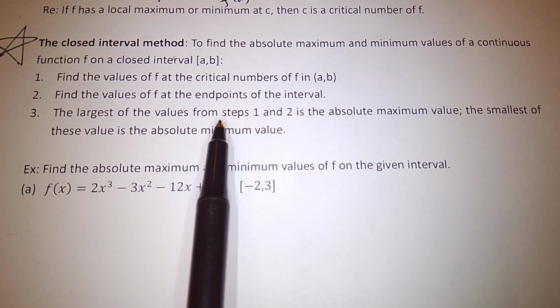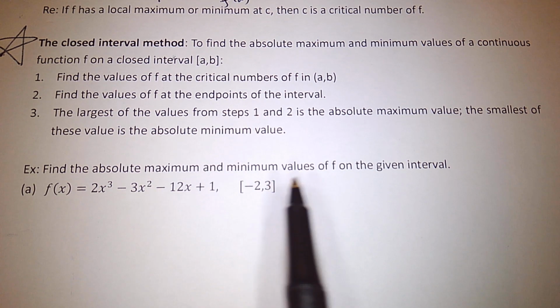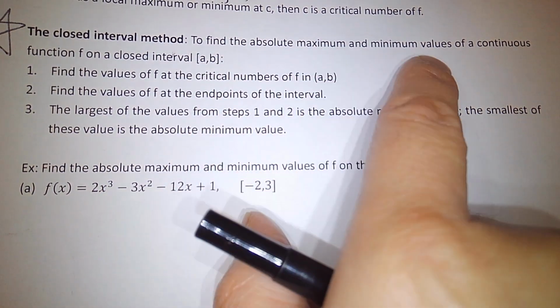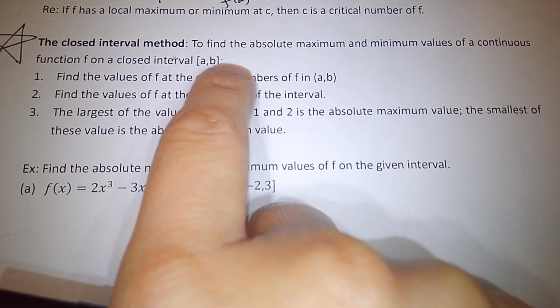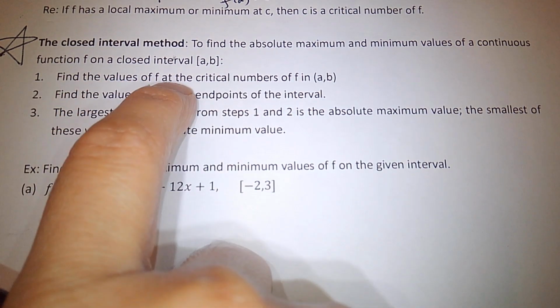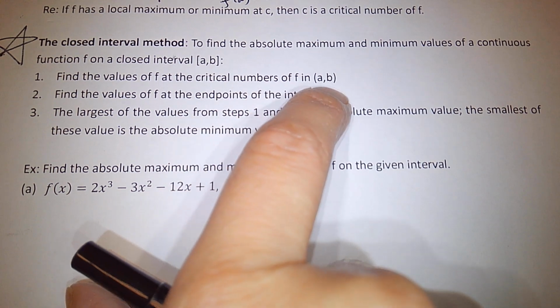All right. It says, find the absolute maximum and minimum of the function on a closed interval. What do we do at first? Find the values of f at the critical numbers. Why?